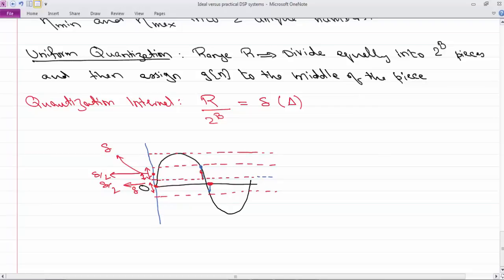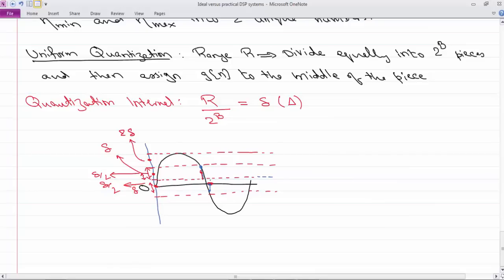Again, it will assign the value in the middle of that level, and that value will be 2 delta. This number will be 3 delta by 2, and this will be 5 delta by 2.